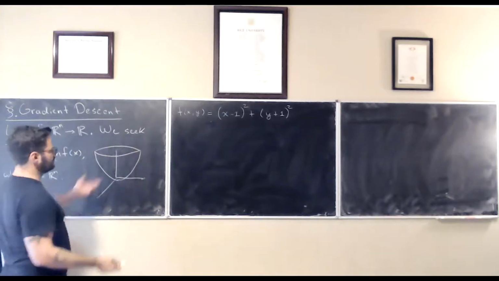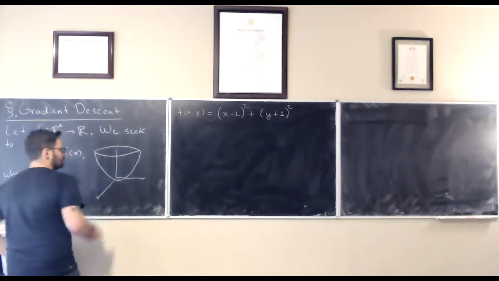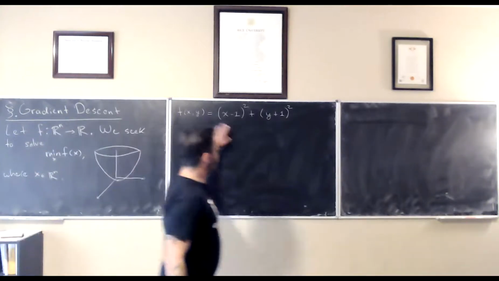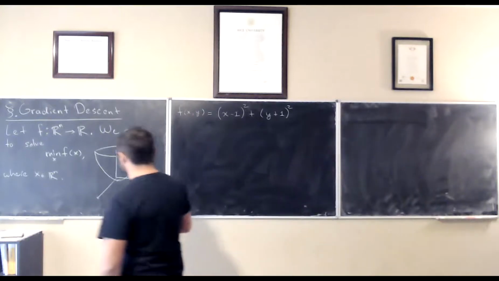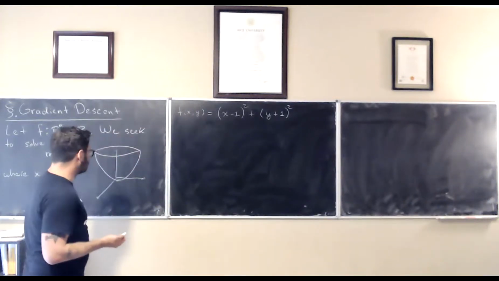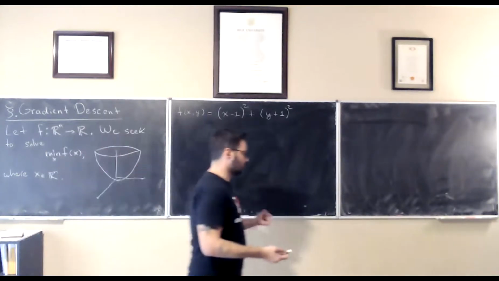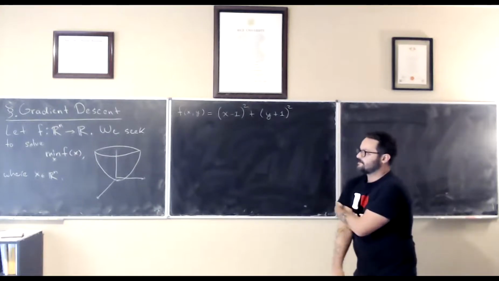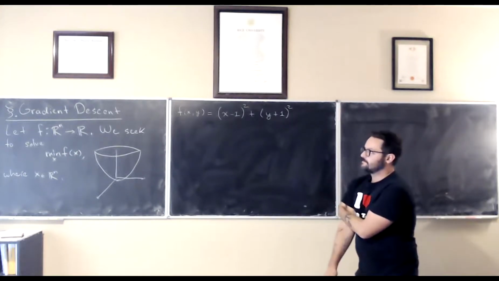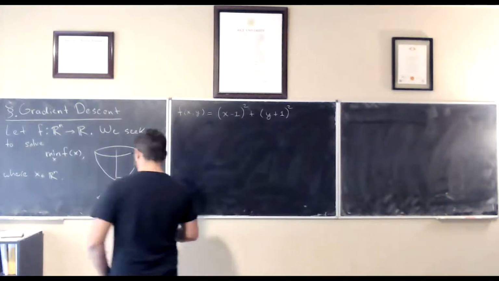It's going to look something like that. And a minimizer for a multivariable function can be determined by looking at the critical points, just like you did with functions of one variable. But now the critical points are in terms of both x and y instead of just x.